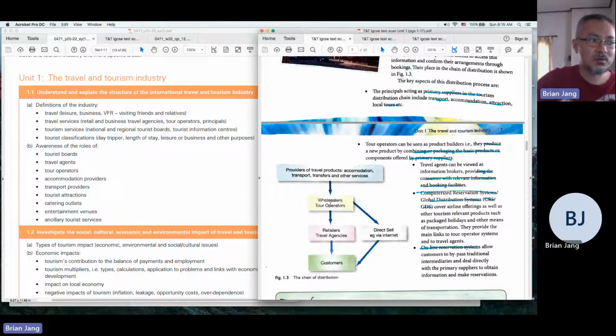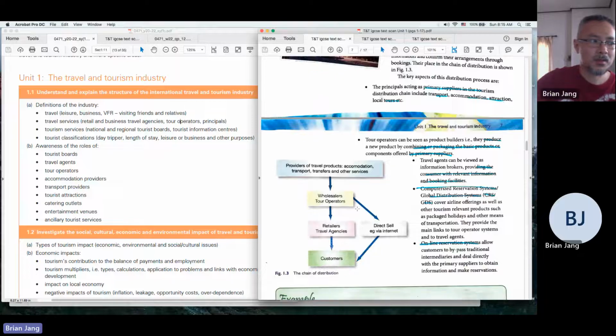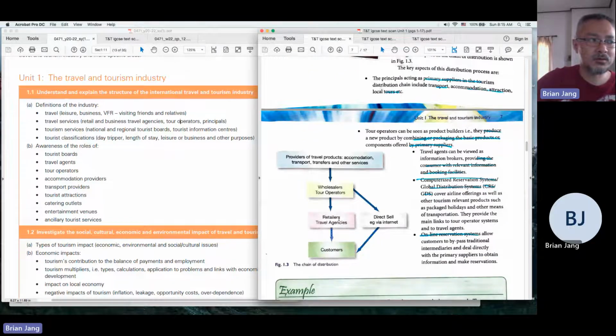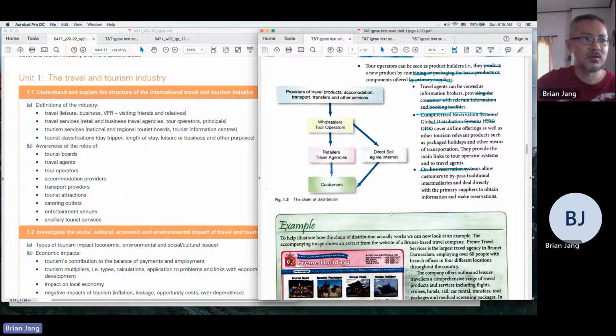And then you have tour operators, which are also considered wholesalers, who are packaging them and then handing them off to retail travel agencies and then to the customers. The customers can actually get it from any of these. I don't know why there's not an arrow straight to the provider, which is an option. I think another chart later on shows that.